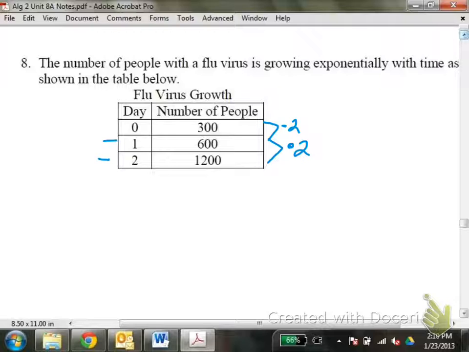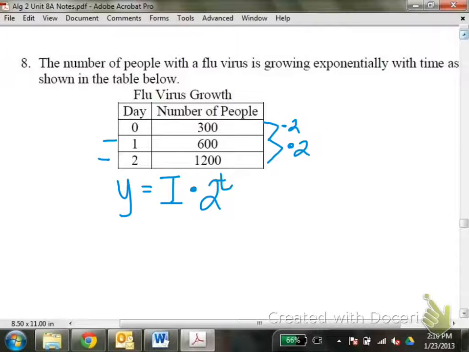Is this a growth or a decay problem? It's growth. So we're going to use our general formula. Look back in your notes. What's the general formula for growth? Y equals I times 2 to the t. Okay, so let's take the information that we know.